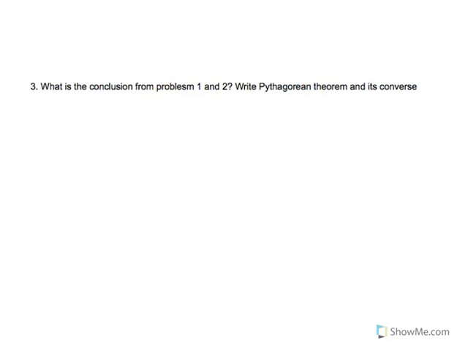So what is the conclusion from problems 1 and 2? Write the Pythagorean theorem and its converse. So, the conclusion from problem 1 was that c squared equals a squared plus b squared.